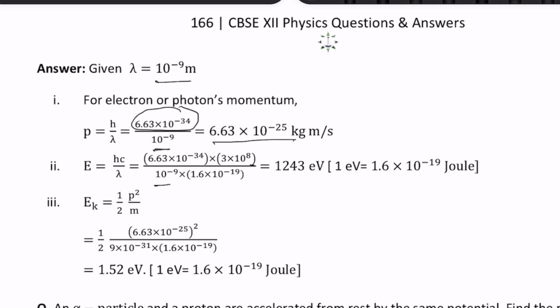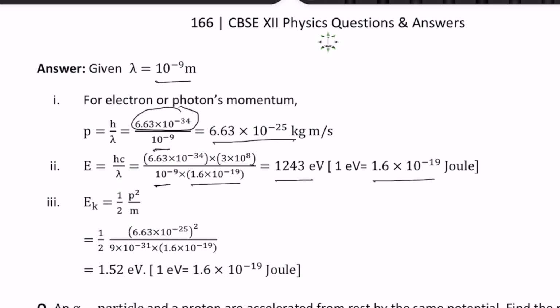Putting in lambda and the charge 1.6 into 10 to the power minus 19, it comes to 1243 electron volt, and 1 electron volt is 1.6 into 10 to the power minus 19 joule.